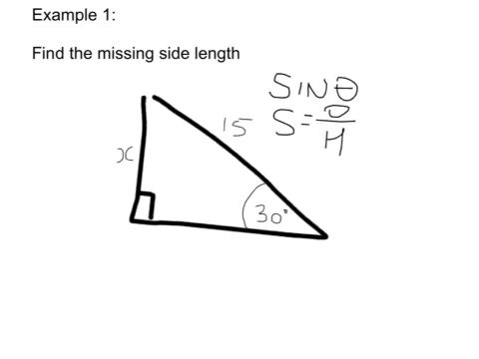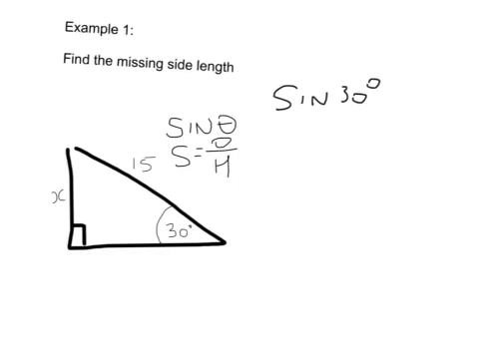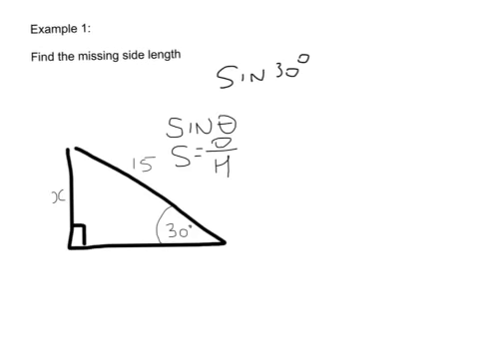So to calculate this, I'll just bring this down a bit, and I'm going to have to open up my calculator as well. Alright, got my calculator ready. Okay, sine 30 degrees equals opposite, which is x, over the hypotenuse, which is 15.